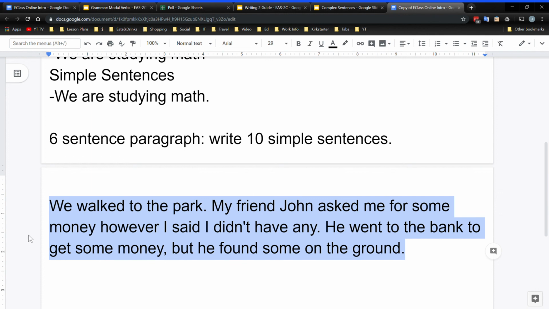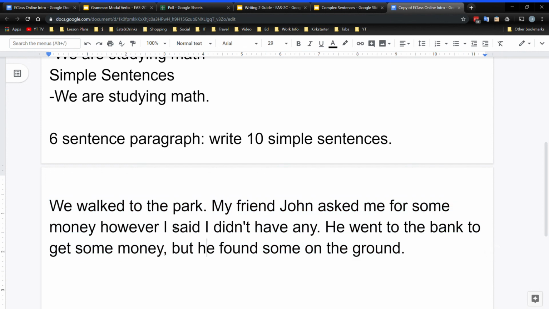So usually, if your paragraph has to be, let's say, 5 sentences, you want to write not 10 simple sentences, but maybe 8 or 9 simple sentences, and then go back and change some of the simple sentences into compound and complex sentences.